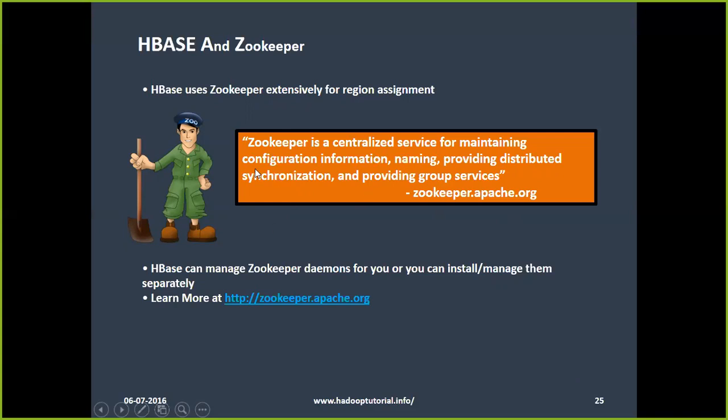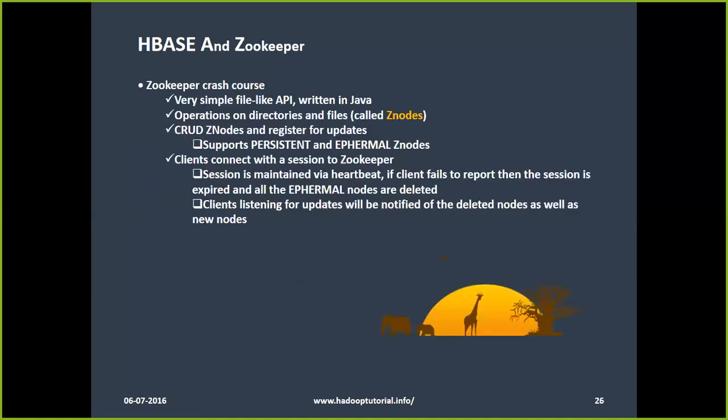Since all these masters register with Zookeeper, they also store some configuration information and names of all the region servers. Whenever a Zookeeper session is established with the user client, whatever region servers are needed to serve the request also get registered with Zookeeper as ephemeral nodes.